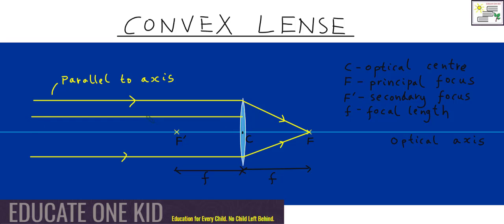Okay, so again, if we have another ray that is parallel to the optical axis, it will bend towards F, capital F. To summarize, all rays that reach the lens traveling parallel to the axis will bend towards the principal focus.